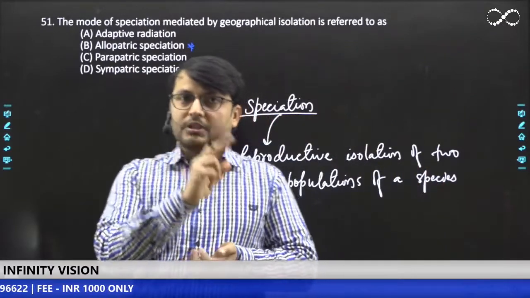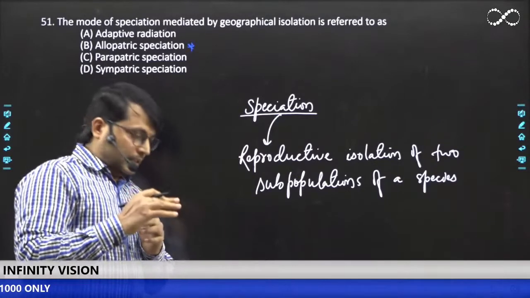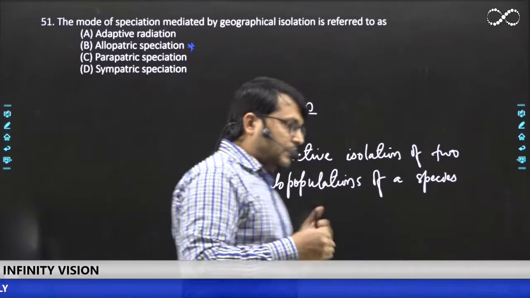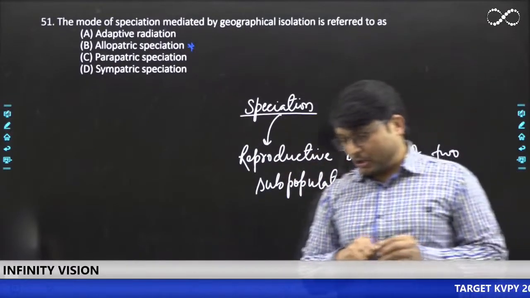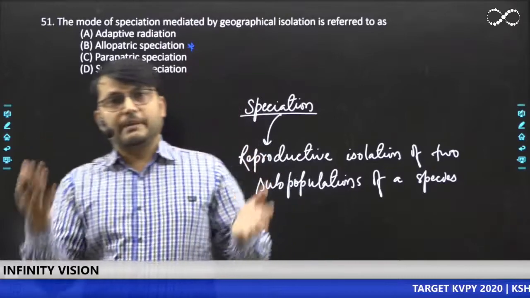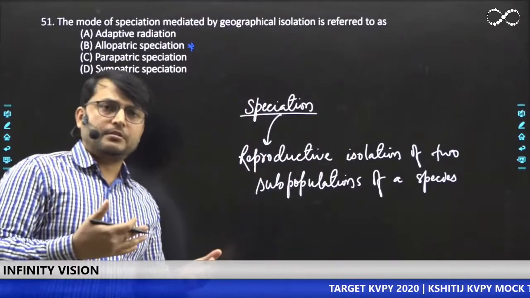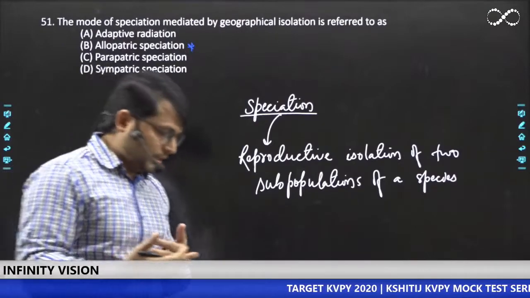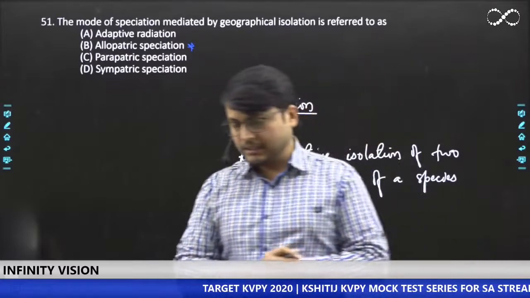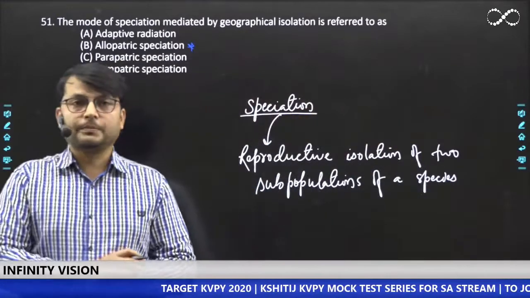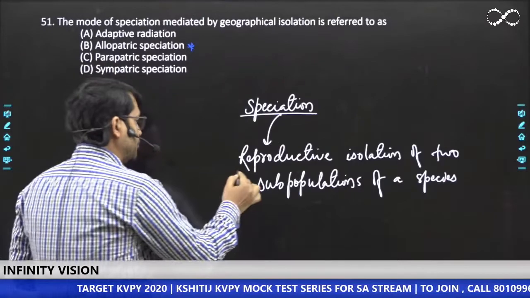Now, how this reproductive isolation is carried out is going to make a difference on the nature of evolution, right? So this reproductive isolation can be brought by a geographical barrier, or it can be brought by some social, behavioral, hormonal, temporal barriers, right? We will be discussing these later, not today in this session. Today we are only going to discuss the geographical barrier.